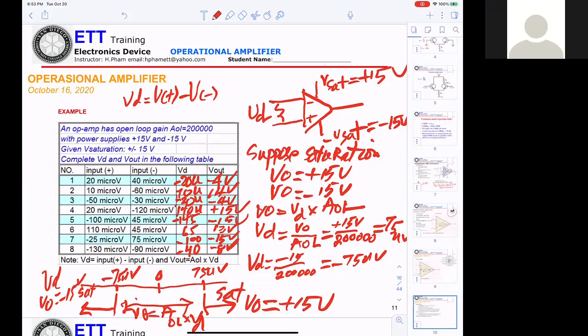Then you can monitor the output. The answer you get may be a little different from the pre-calculation, because when we saturate at 15 volt, the real output may be less than 15. But this is just for calculation, so we're using 15 volt.